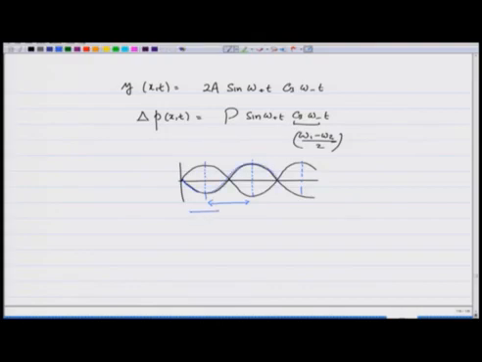This time period is T minus by 2, which is 1/2 of 2 pi over omega minus, which is 2 pi over the magnitude of omega 1 minus omega 2. So the beat frequency, which is how many times you are going to hear the sound go up and down, is going to be equal to omega 1 minus omega 2.